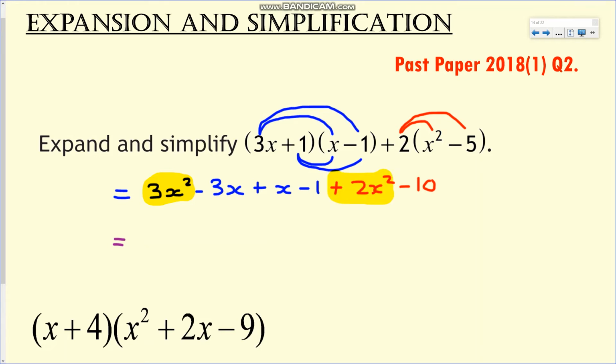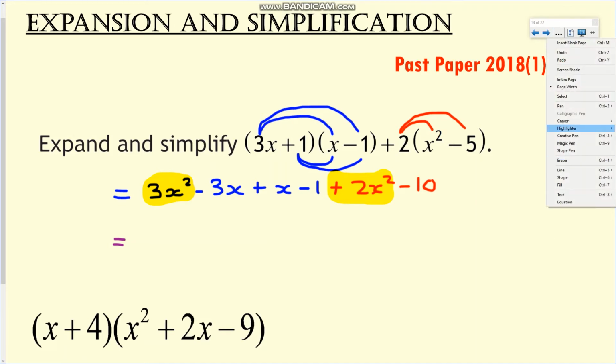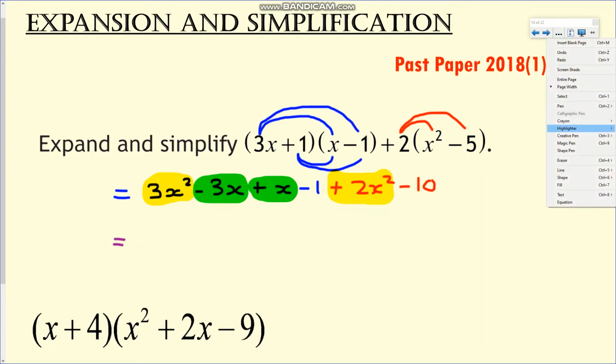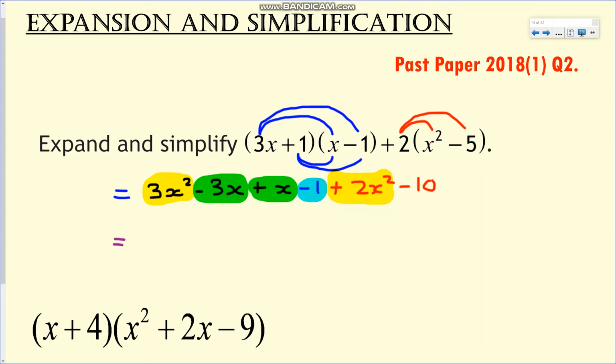Okay, they can be collected together. I also have minus 3x and plus x. Those two things can also be collected together. And finally, I've got minus 1 unit and minus 10 units. Again, those two things can be collected together.